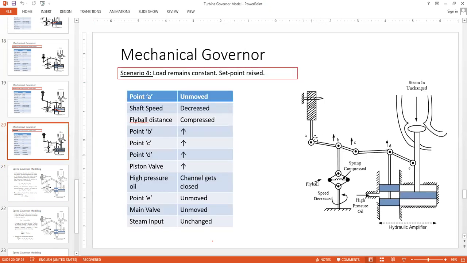If we change point A, upwards or downwards, what can we achieve? And similarly, if point E is changed, what can we achieve?